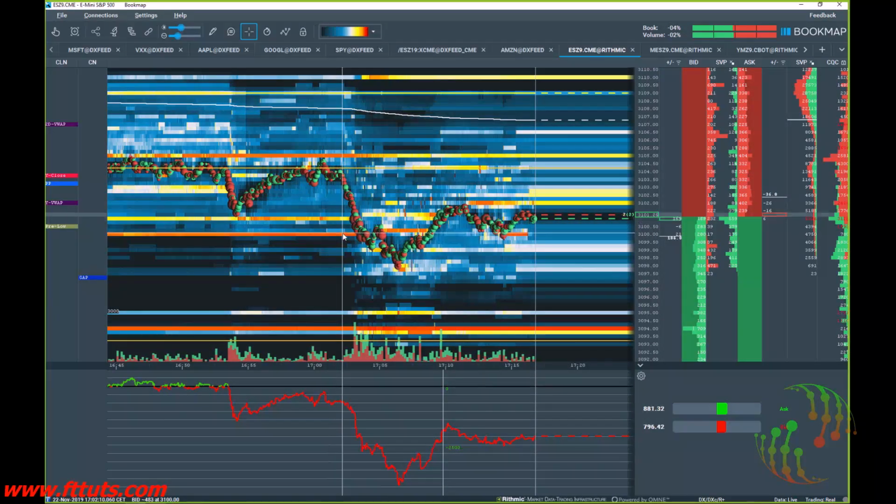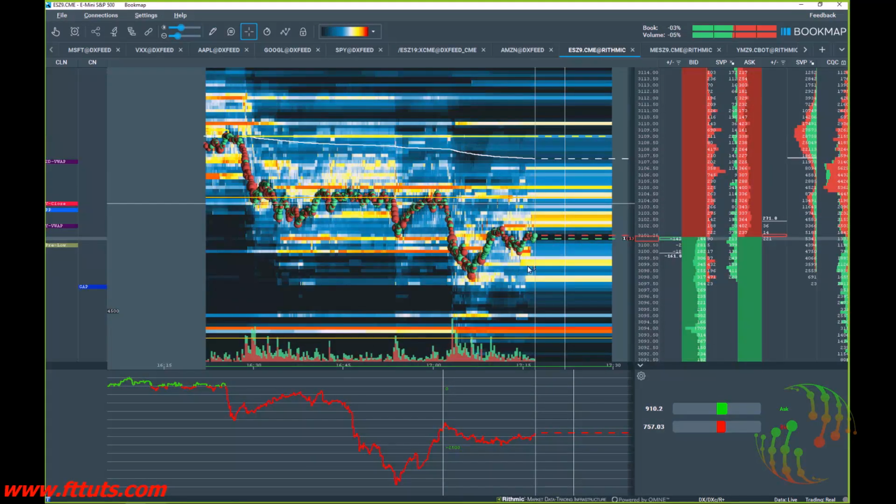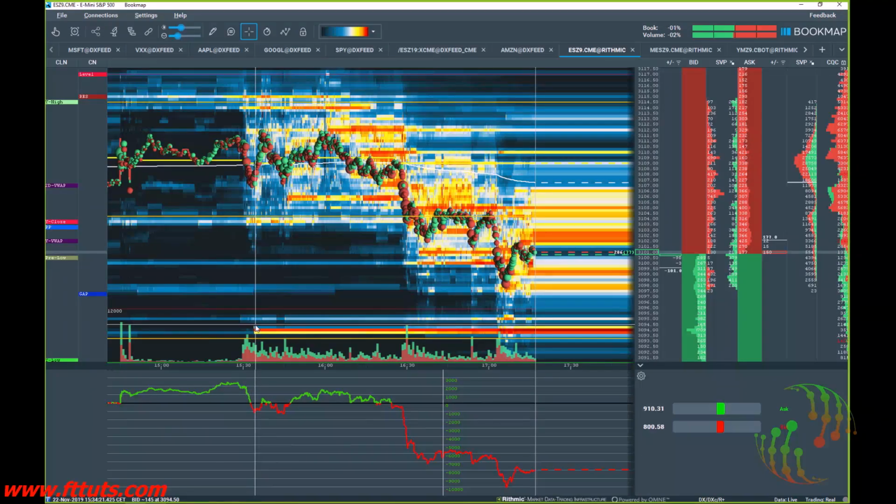It was the same level as here. Then it was hit, the price went up, and then they suddenly cancelled. I wanted to say this would be my priority one liquidity, because it has been there since the session started at 9:30 Eastern time.